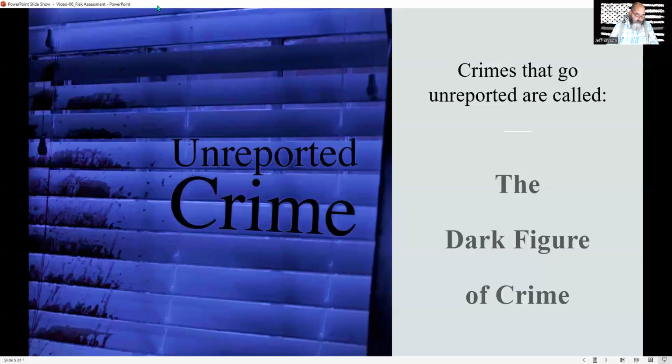One of the problems with risk assessment is data collection. When we design risk assessment tools based on factors that are known to correlate to reoffending, we are relying solely on reoffending that is reported. I hope you remember from your Introduction to Criminal Justice course the concept of the dark figure of crime.